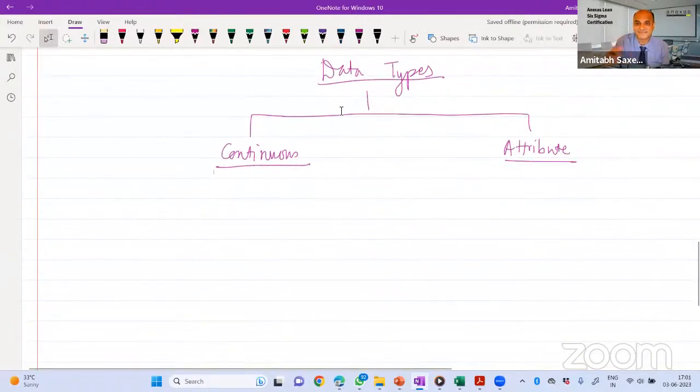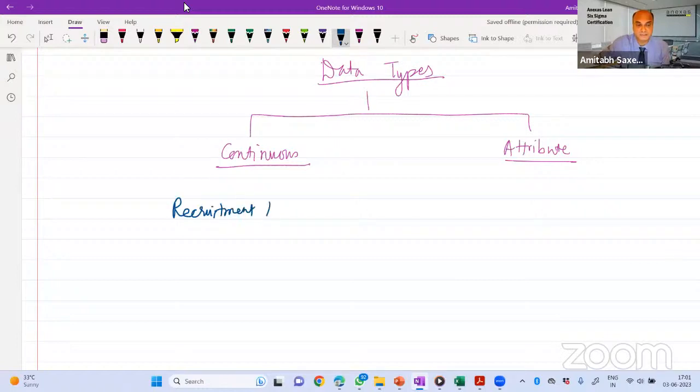I'll tell you. So first, as I was talking about continuous data, let me give an example here. Our recruitment cycle time. Recruitment time is how much? 50.2 days, right?